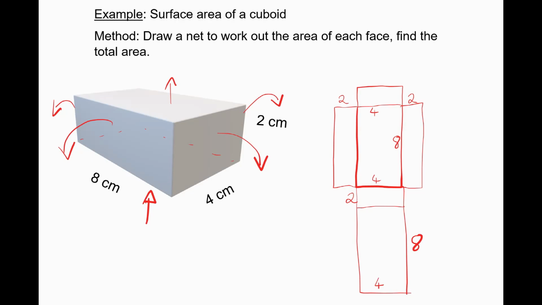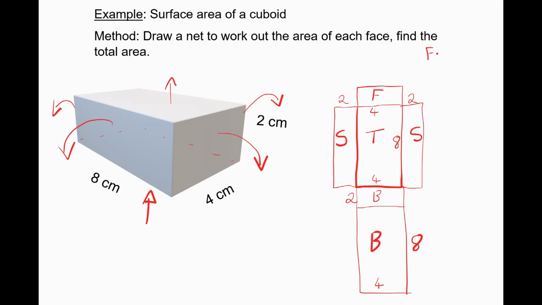And what we can do now is work out the areas of each of these faces. So let's imagine the front first. I'm just going to label them: front, back, side, top, bottom. So let's imagine the front.